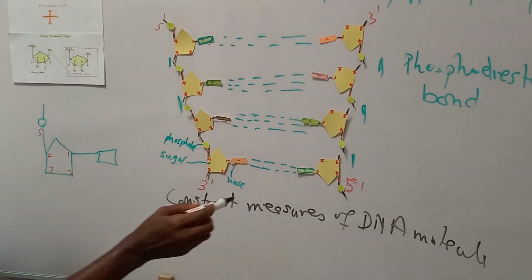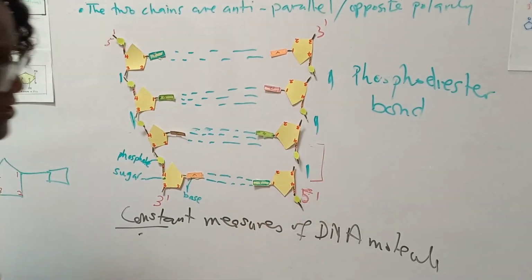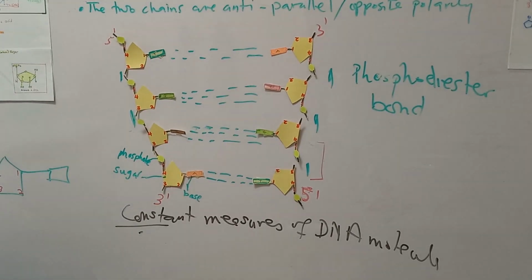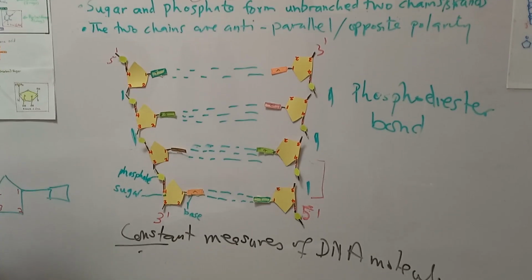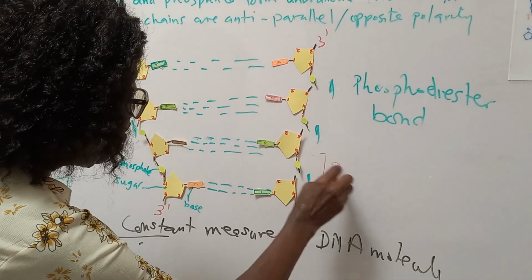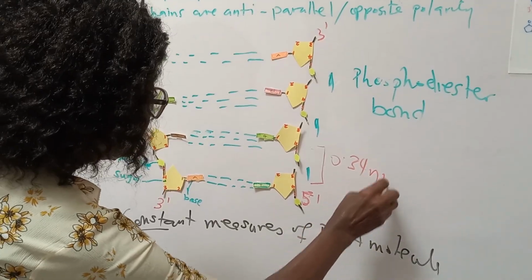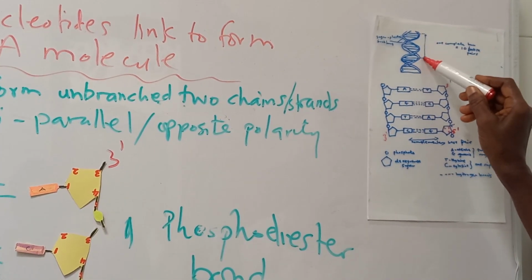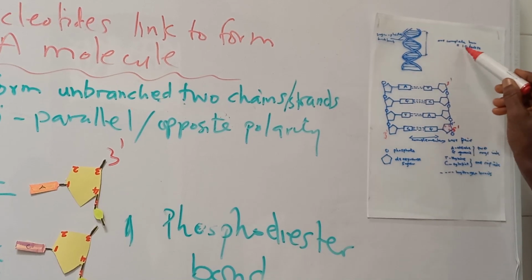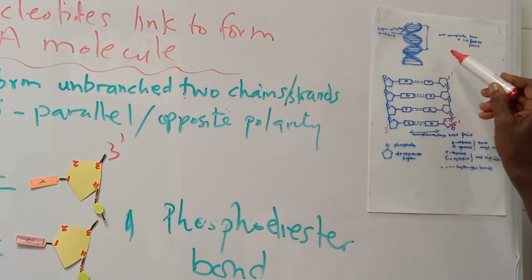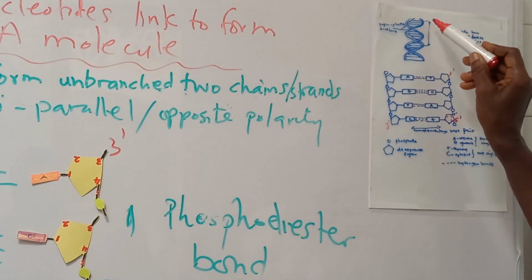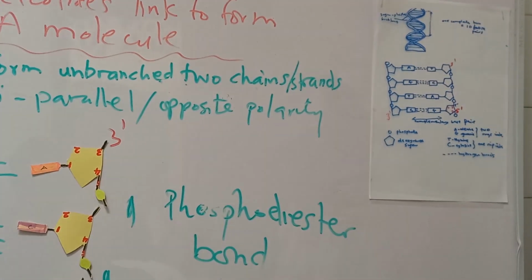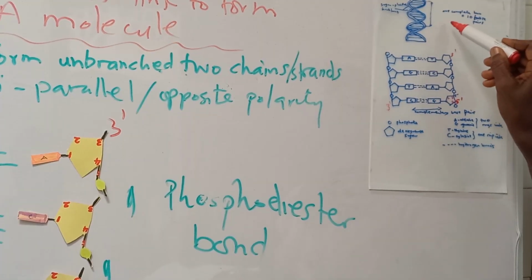Then the distance between these two base pairs is also always constant at 0.34 nanometers. And then every one complete turn of the double helix has about 10 base pairs in it. And the length of the turn is 3.4 nanometers.